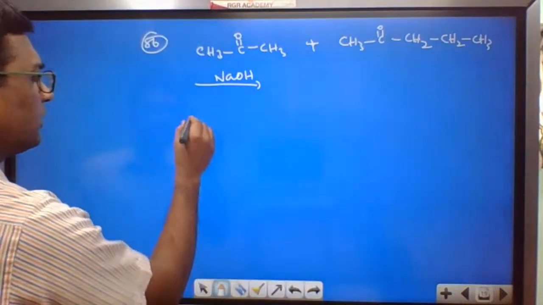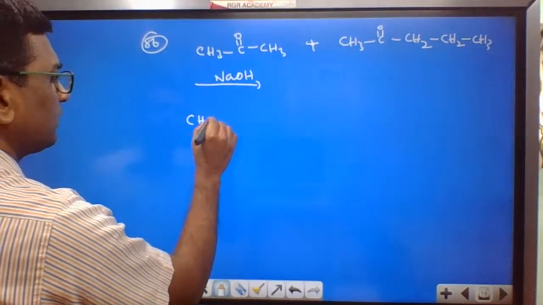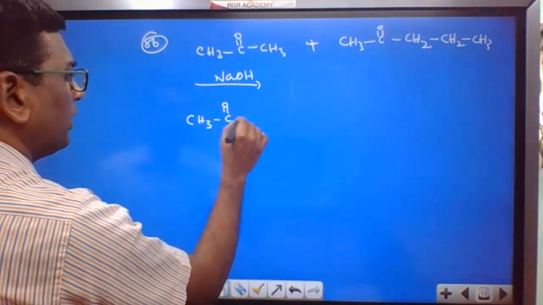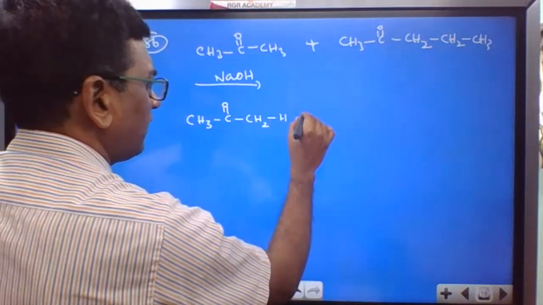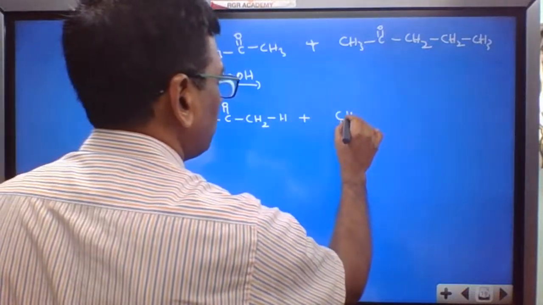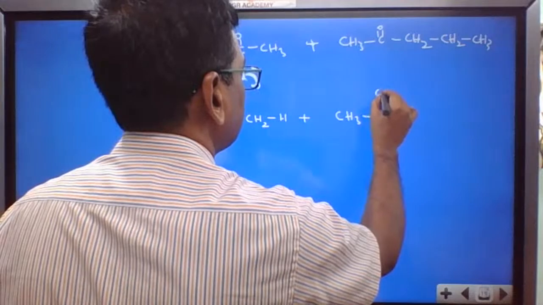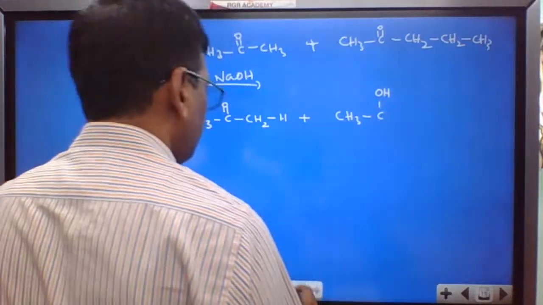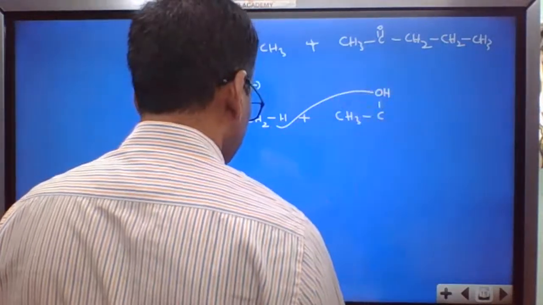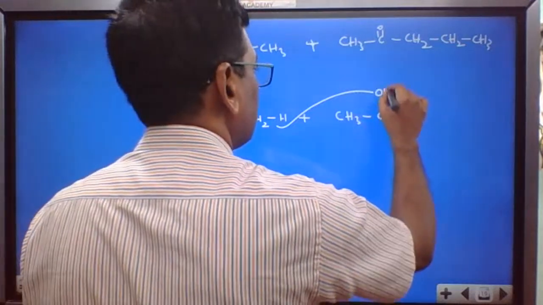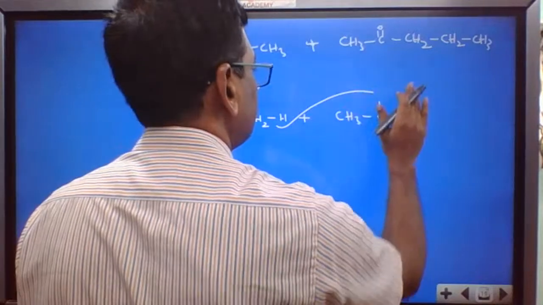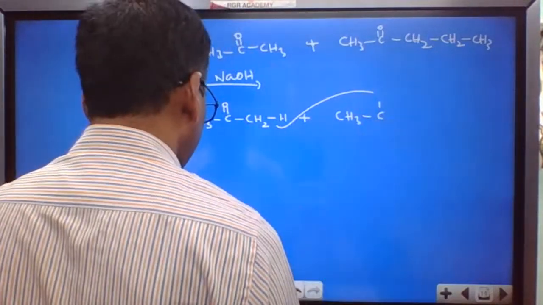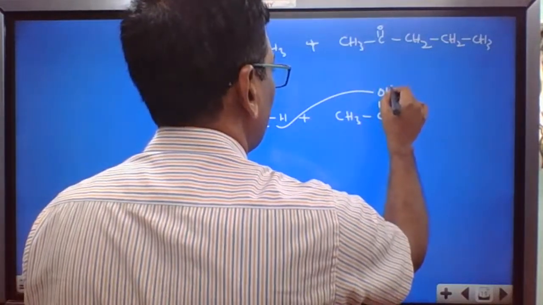You see that acetone, one of the alpha hydrogens is transferred to another acetone molecule. This is one possibility. This hydrogen is shifted, and once it is shifted, it will become OH.